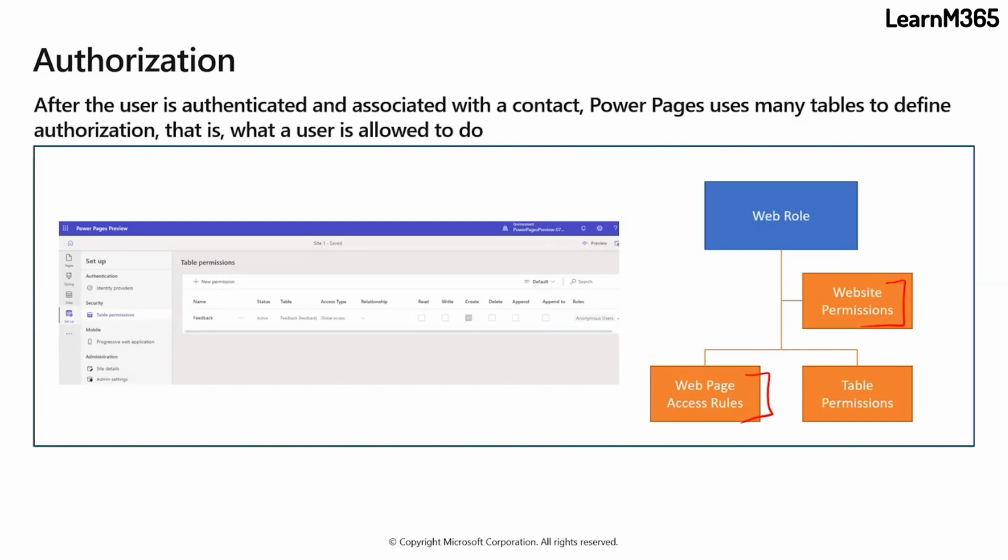One web role in the portal can be marked as anonymous and the other as authenticated. These roles allow you to apply permissions and access rules to all portal users based on whether they are signed in or can access the site anonymously. I hope this is clear so far.